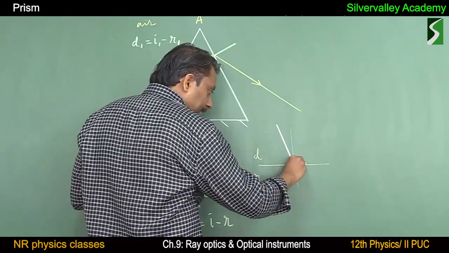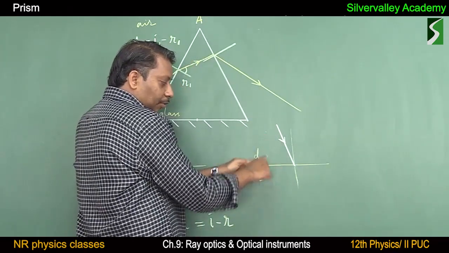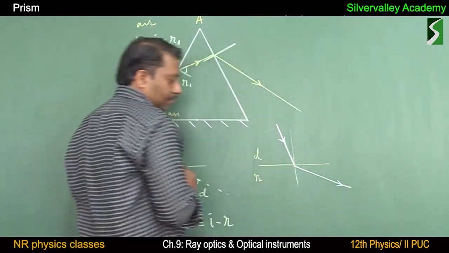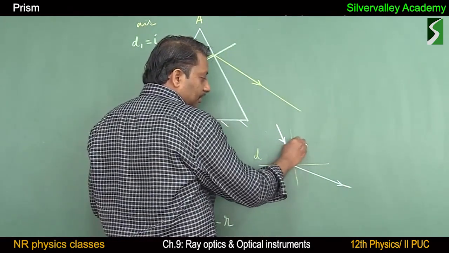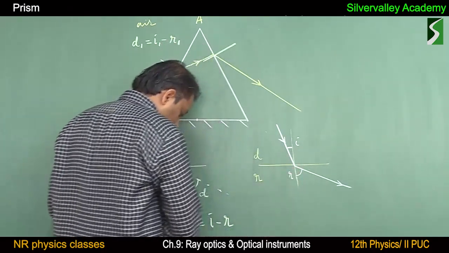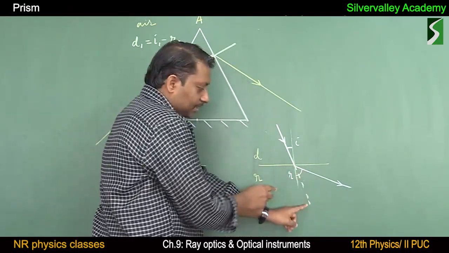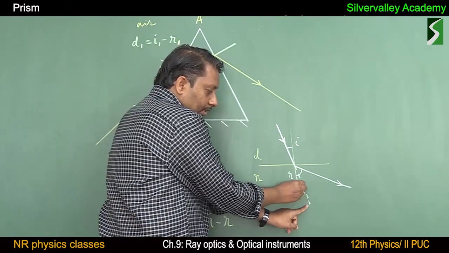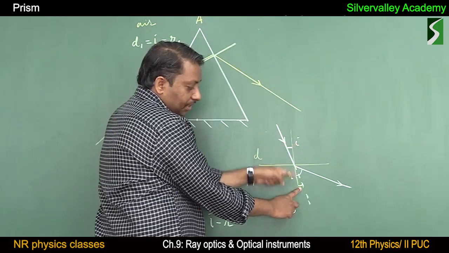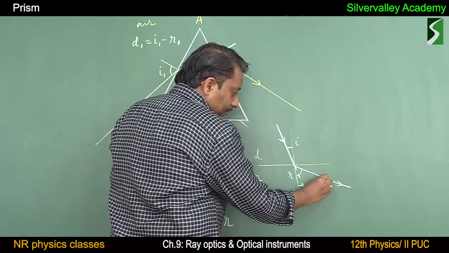This is the incident ray. Light ray is traveling from denser to rarer, therefore it bends away from the normal. This is angle of incidence, angle of refraction. If I continue, this is the direction of incidence. This angle is equal to this angle, vertically opposite angles, angle of incidence. This is the deviation.